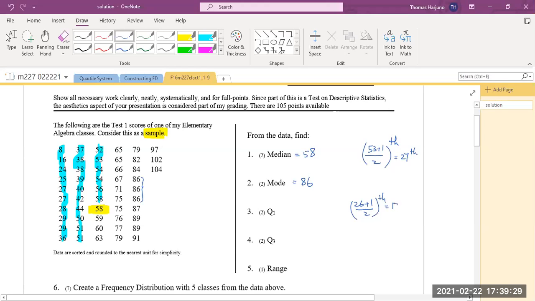That's 13.5. So what is data number 13.5? That's data number 13 and number 14. Data number 13 is 38. Data number 14 is 39. So the first quartile will be 38 plus 39 over 2. That's 38.5.